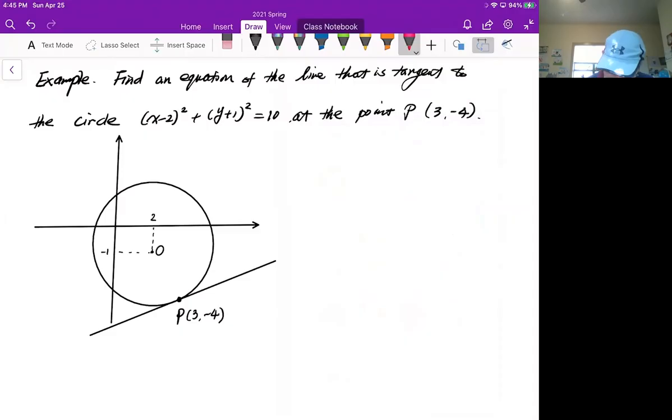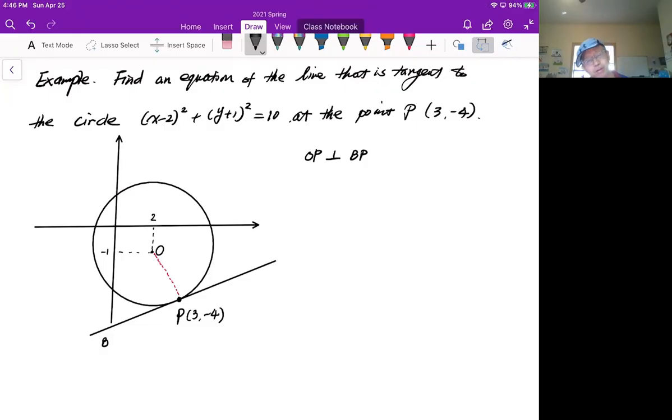All right, I'm going to connect OP, and let's call the tangent point B here. So we know that OP is perpendicular to BP, right? That's a requirement here. Okay, so how do I find the slope of OP?